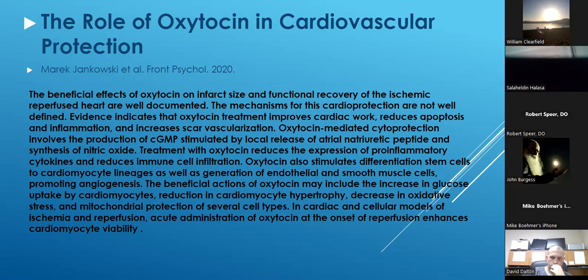And decreased oxidative stress gives you that kind of mitochondrial protection. We explained why: it increases the expression of antioxidants and reduced glutathione. So this will prevent the ischemic reperfusion oxidative damage, or what we call ischemic reperfusion injury, because of the anti-inflammatory, antioxidant effect of oxytocin.